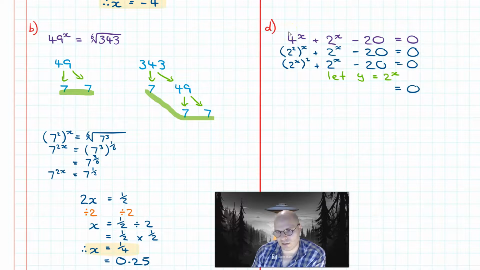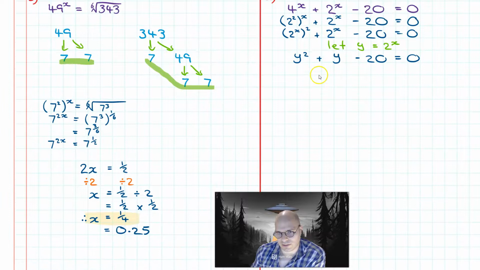We get 0 on the right still, constant of minus 20. Then our middle term is going to turn into y, and then our leftmost term is going to turn into y squared. So what we find is that this initial problem up here is in fact a trinomial or a quadratic problem.